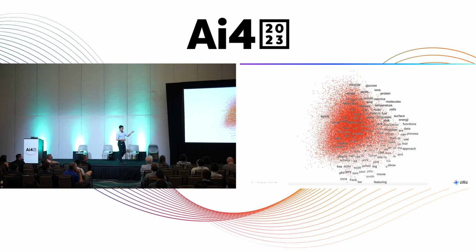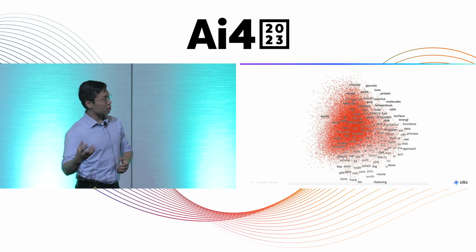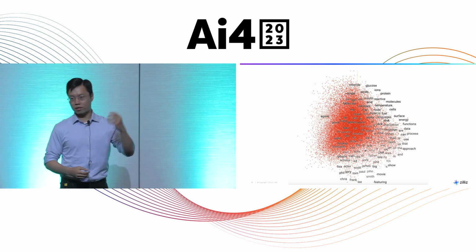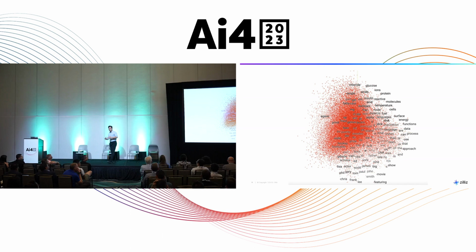And you can see how a lot of these small clusters sort of pop up. At the very bottom, I see a lot of names. Over to the right, I see scientific processes, and over at the very top, I see things related to biology, biological sciences, right? And this is the power of embeddings. I hope this is getting everybody here excited about what embeddings are good for and why vector search is so powerful.